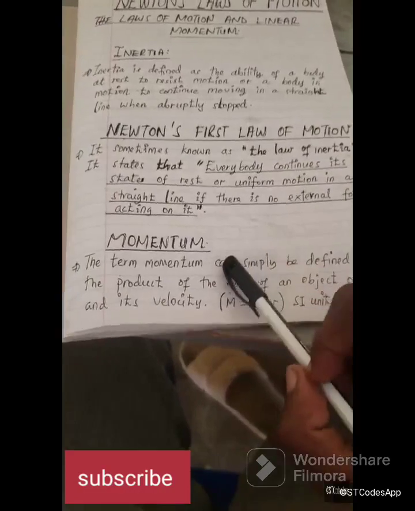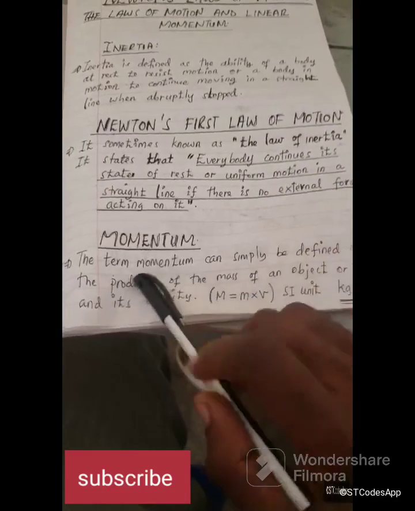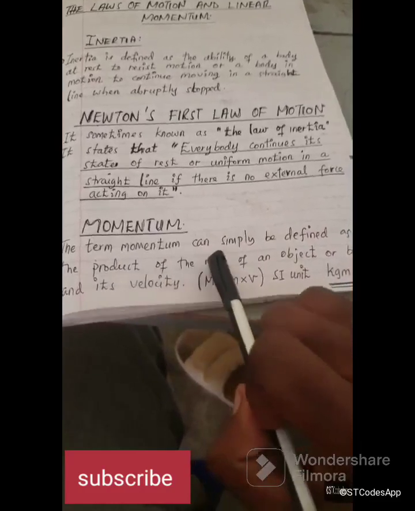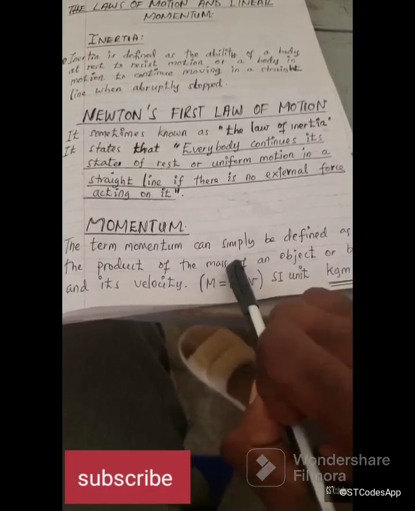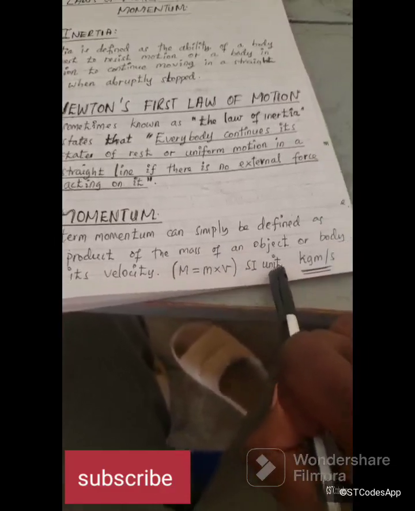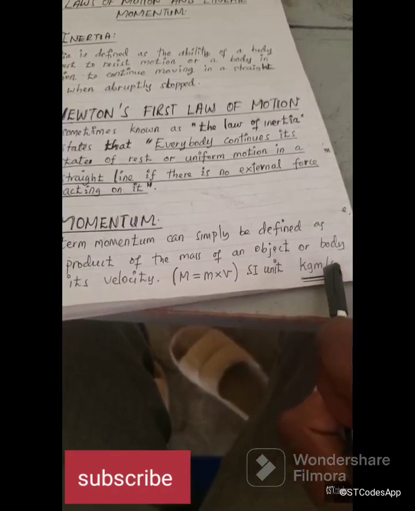Before going to Newton's second law of motion, we have to understand the meaning of the word momentum. The word momentum in physics simply means the product of the mass of a body and its velocity. The SI unit of momentum is kilogram meter per second.